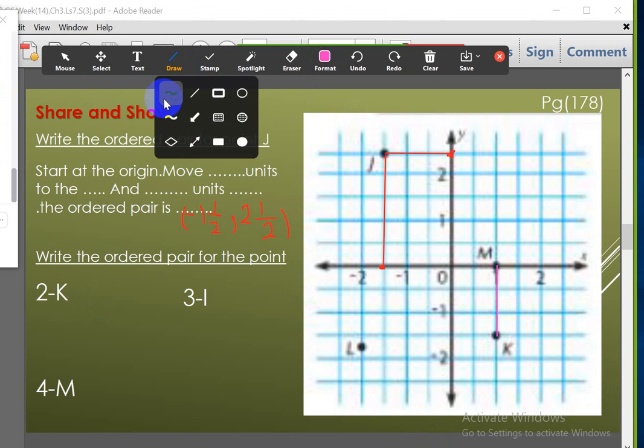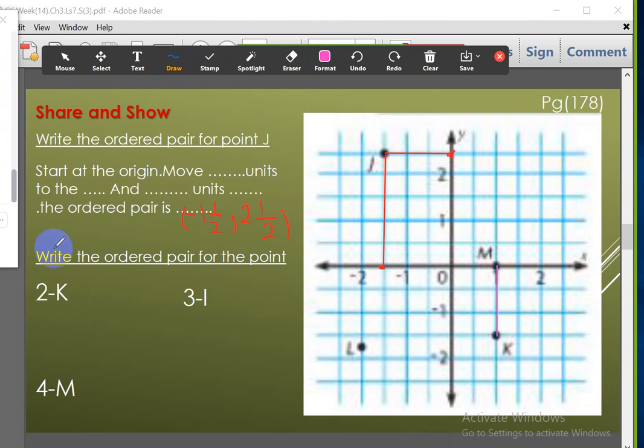Then I will count to find this point. This is the point. That means it will be on the right side, so it is a positive coordinate. So the x is positive, and it is 1, that means it will be 1 in the x.